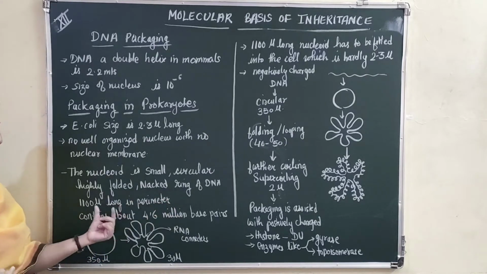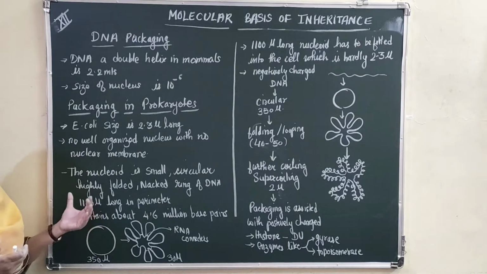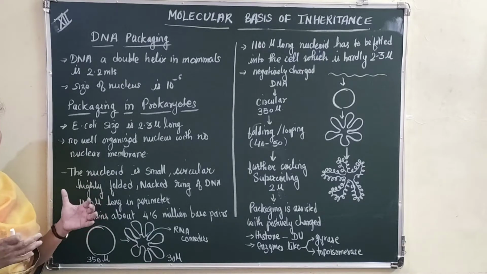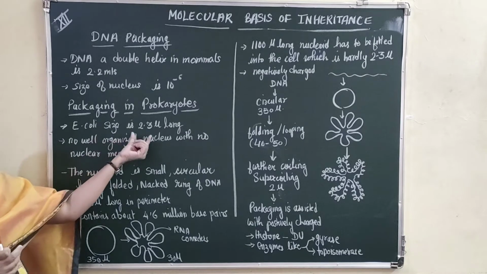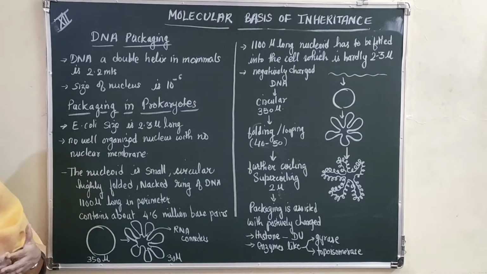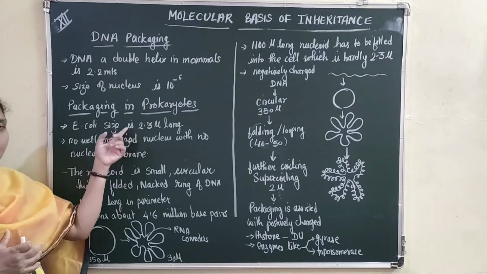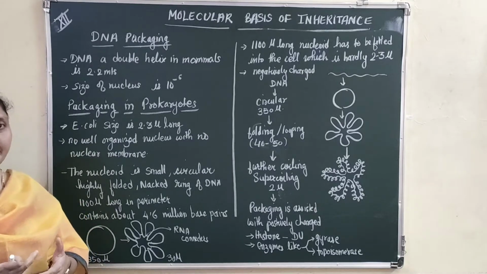But the length of the DNA is 1100 micrometers long. So if you try to put this big molecule into that small cell, it is difficult, right? So in order to put this big molecule into that small cell, the DNA undergoes packaging, right?